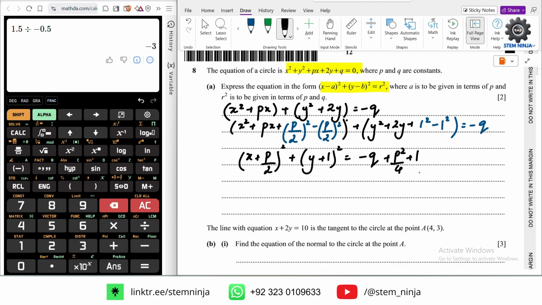Okay, and r squared to be given in that form. I think that's fine. However, notice that they're given as minus a and minus b.